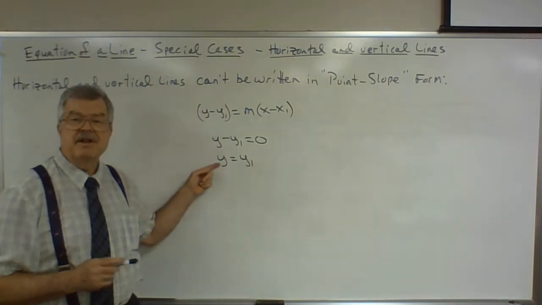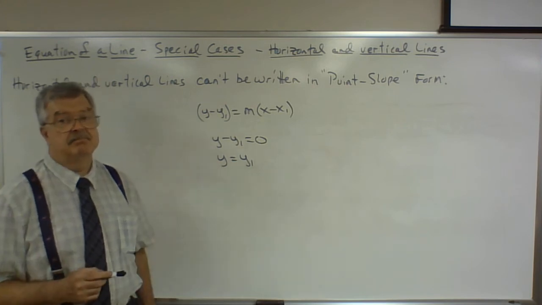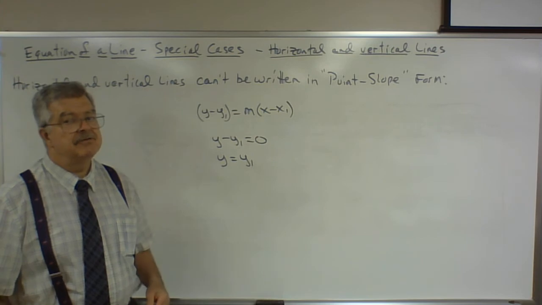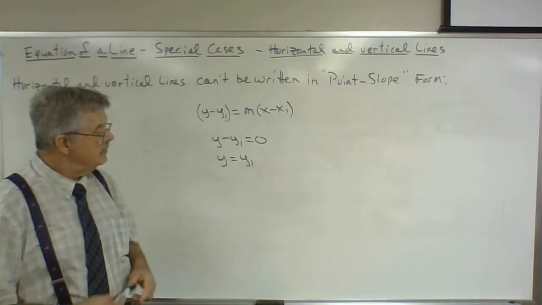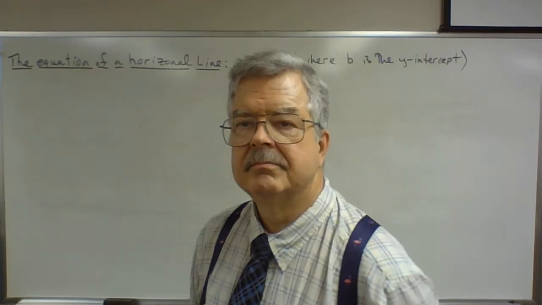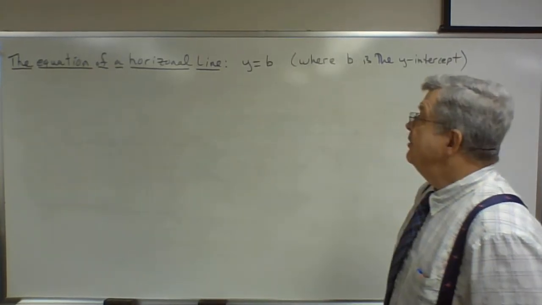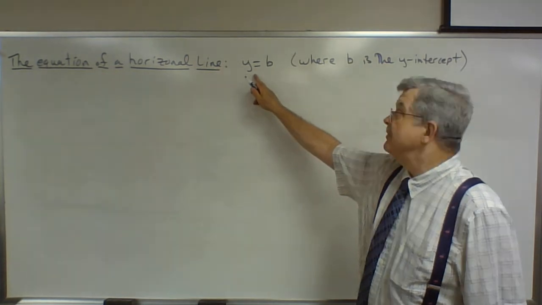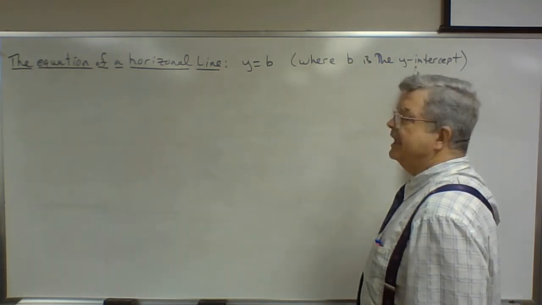That's the y-coordinate of every point on the line, including the y-intercept. So let's take that and run with it. The equation of a horizontal line is y equals b, where b is the y-intercept.